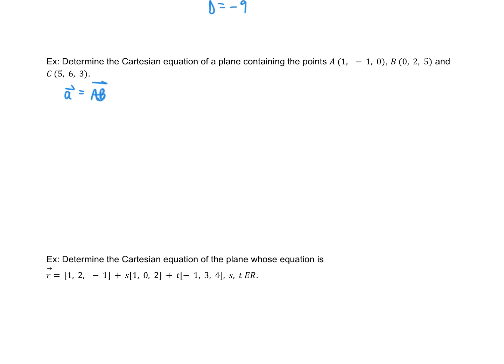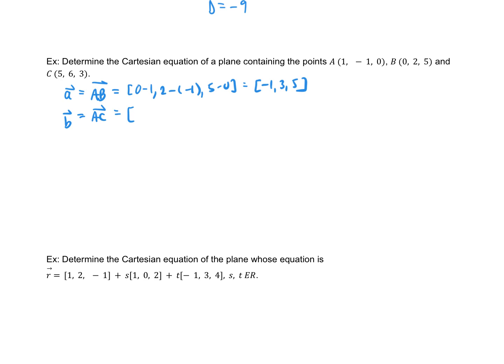So I'm going to look for vector AB, using points A and B. So I'm going to find vector AB, which would be 0 minus -1, 2 minus -1, 5 minus 0, to get -1, 3, and 5. There's my first direction vector on this plane. And for the second one, I'll use AC, but any combination would work.